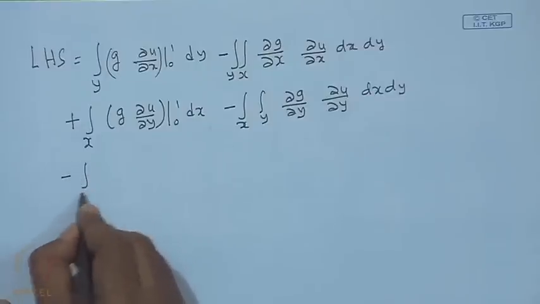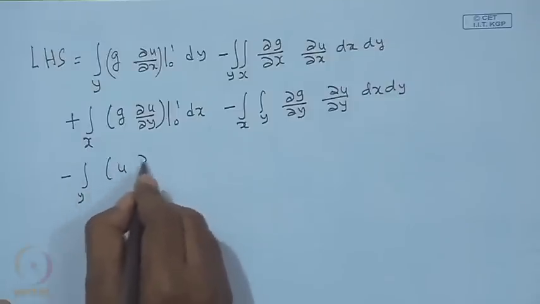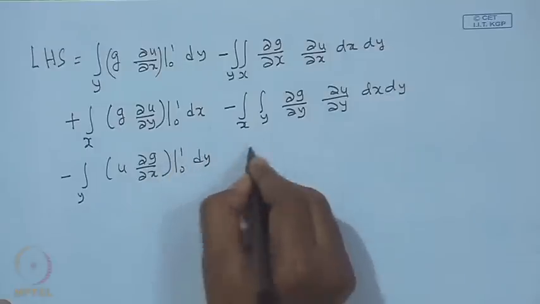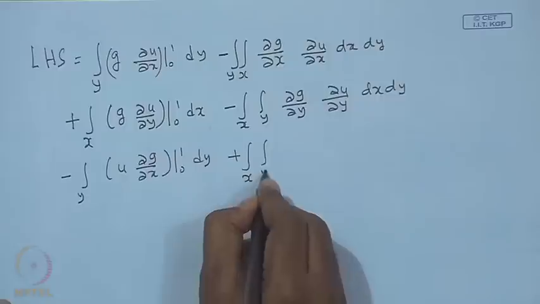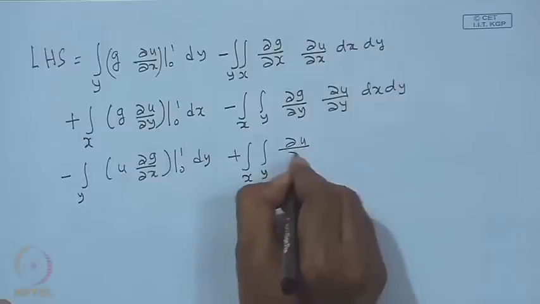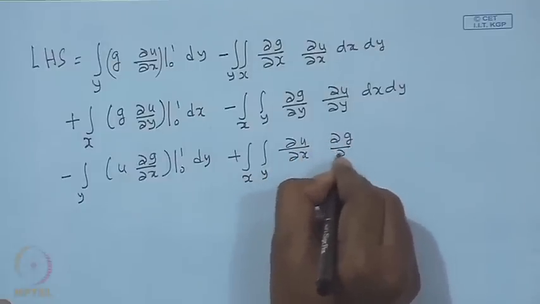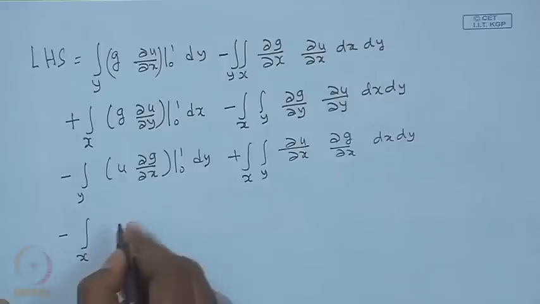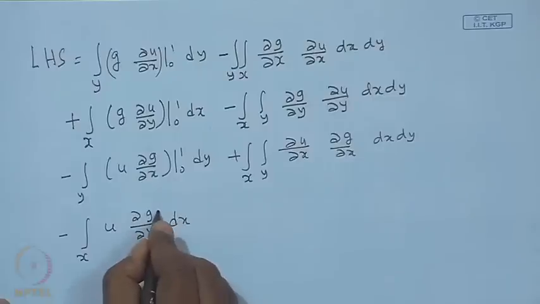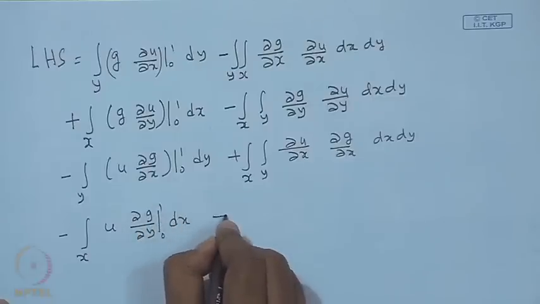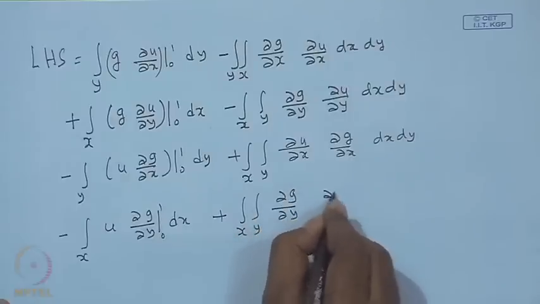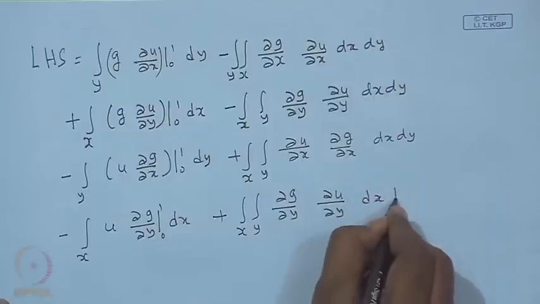Minus integral over y of u del g del x from 0 to 1 dy minus minus plus double integral of del u del x del g del x dx dy, minus integral over x of u del g del y dx, this is from 0 to 1, minus minus plus double integral of del g del y and del u del y dx dy.